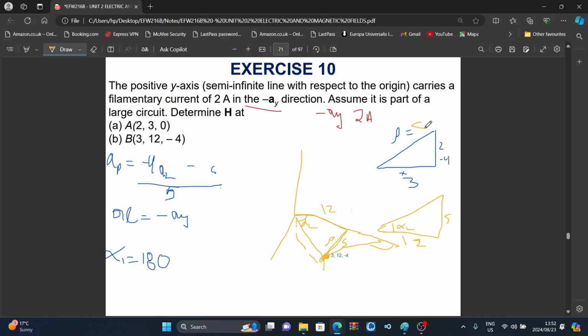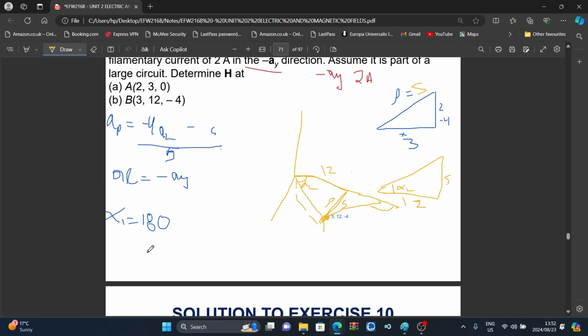Phi is 5. So we can use any method here. You can calculate the hypotenuse, or you can use tan inverse of theta.